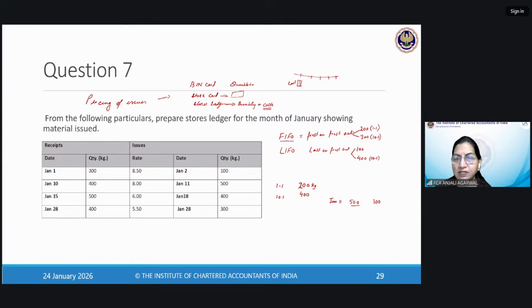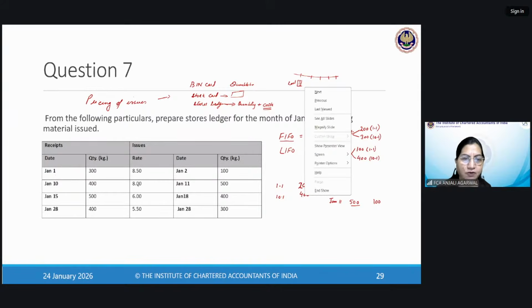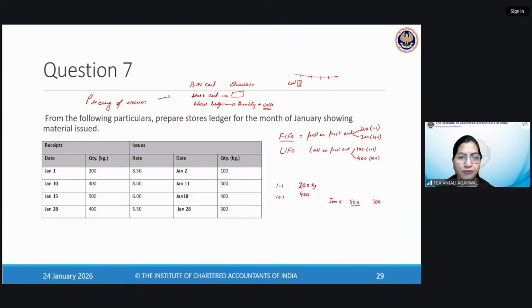So the last we received was 400, they will go first, and from 1st January only 100 units will go. So in FIFO, your closing stock would be 100 units at the rate of 8. Whereas in LIFO, the 100 units that remain are from the 1st January lot, that means the closing stock will be 100 into 8.5.